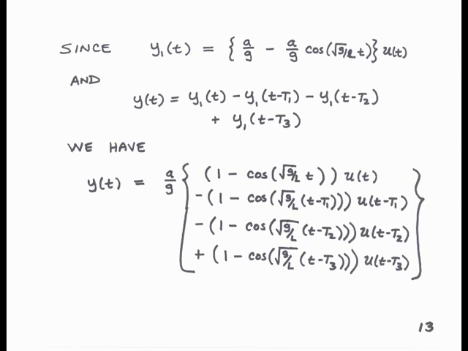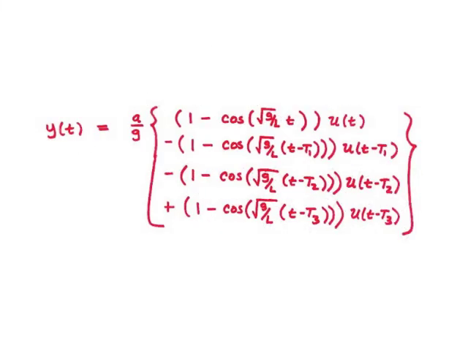I simply need to take my expression for y1 of t and add it together with appropriately delayed versions of itself. That will then give me y of t, shown here. This is a complex expression, but you'll notice that the terms are similar to each other. They differ only in the amount of delay present in each term.